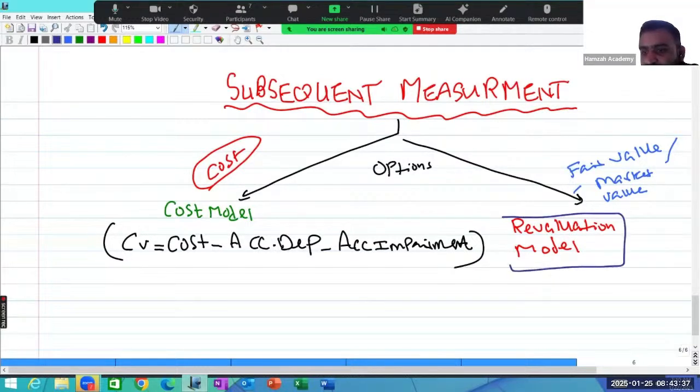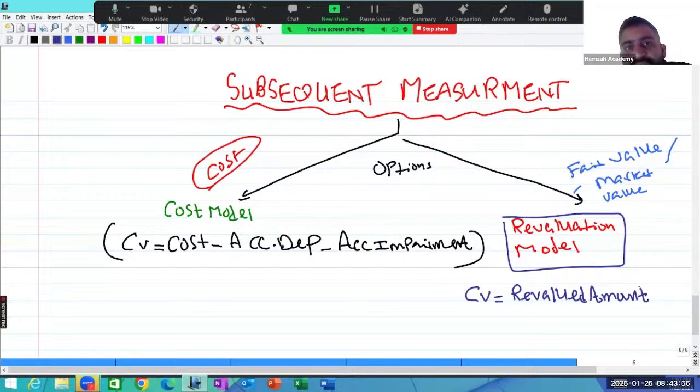Under the revaluation model, when we determine the carrying value of the asset, that is equal to the revalued amount.